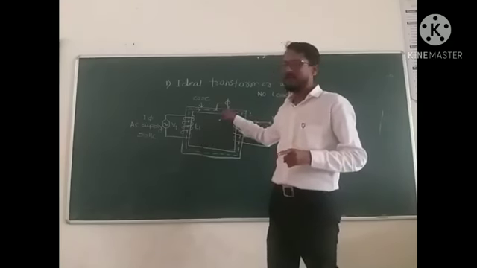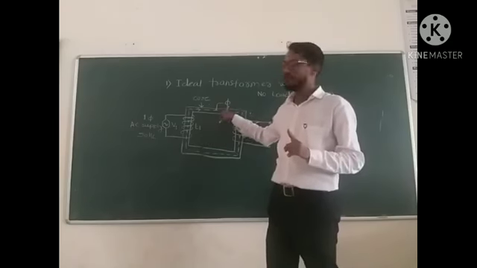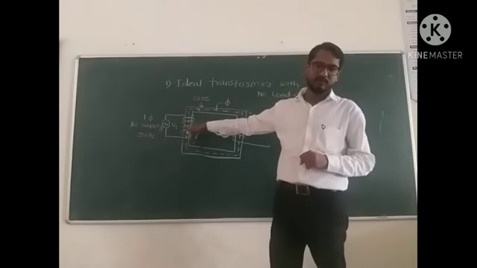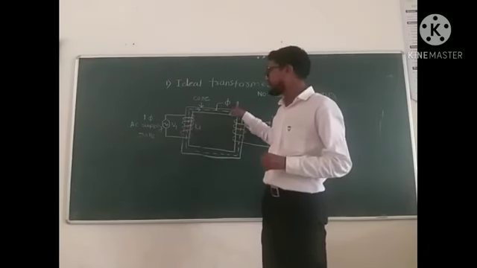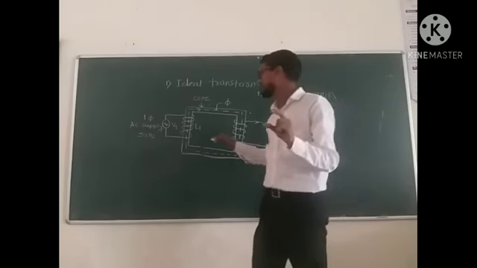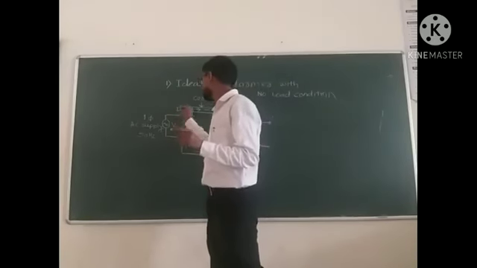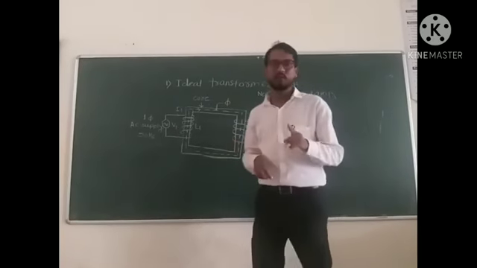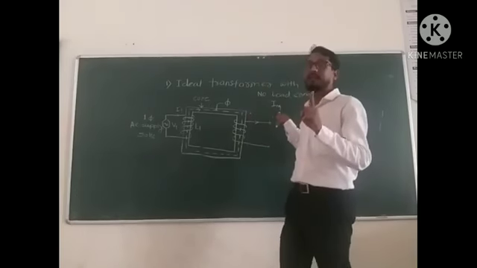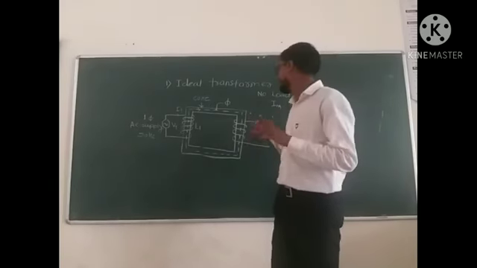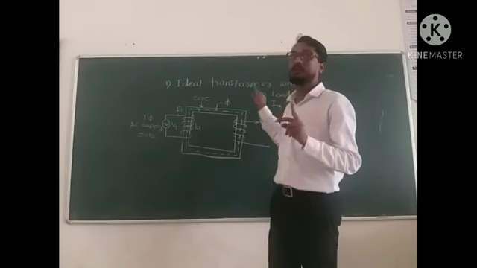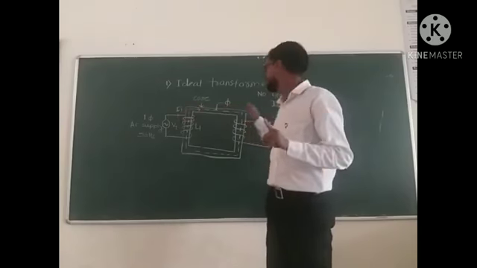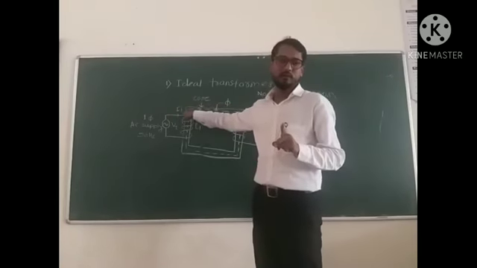Then flux phi is generated, and this flux draws a very small amount of current called IM, that is the magnetizing current. This magnetizing current is equal to the primary current, that means IM equals I1.